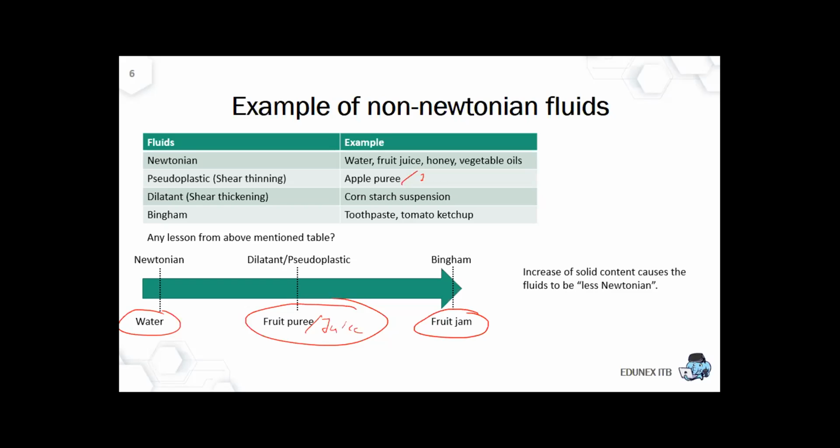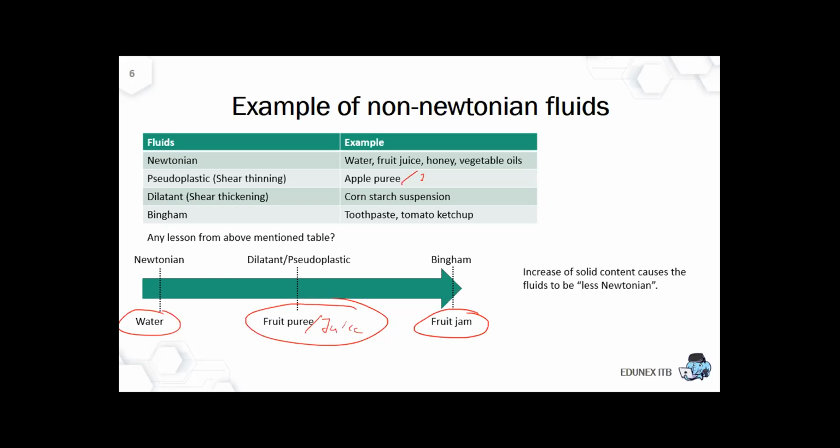But when you add the juice, it becomes less Newtonian. It means when you are giving shear stress, when you are giving pressure, the flow doesn't always follow your pressure. I mean, the flow rate does not always follow the pressure. When you add more and more, it becomes Bingham. You need to somehow give the initial pressure to flow the fluids.